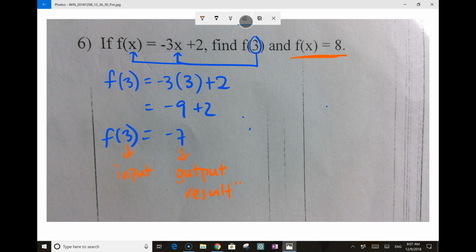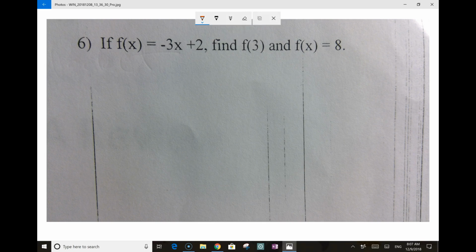In the second scenario, though, we have f of x is equal to 8. And all that means is that this time you're being given the output and you're supposed to find the input. So we're going to work backwards here, and I'm going to take this 8 and replace f of x with that 8.